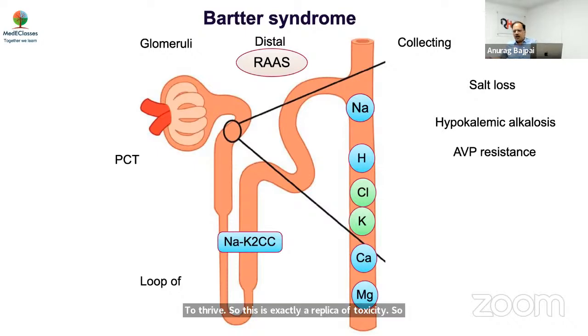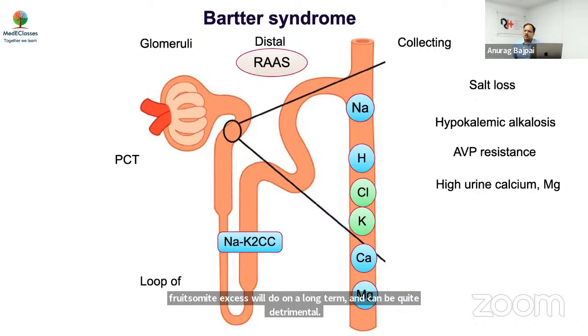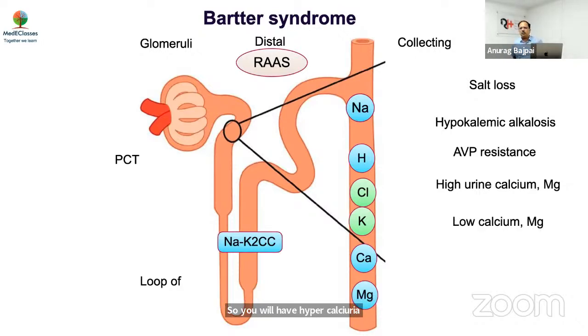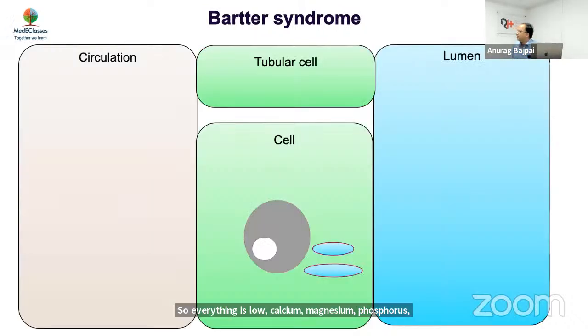This is the experimental evidence of how furosemide excess, over the long term, can be quite detrimental. So you will have hypercalciuria, hypermagnesiuria, you will have hypocalcemia, hypomagnesemia. So everything is low: calcium, magnesium, phosphorus, potassium, pH, everything is going in that direction.